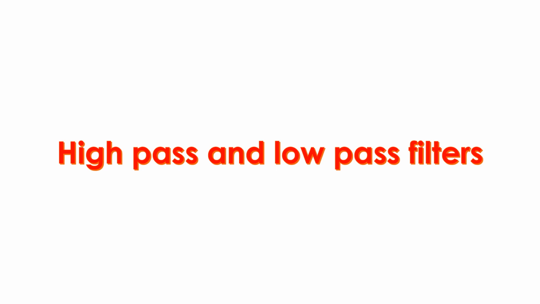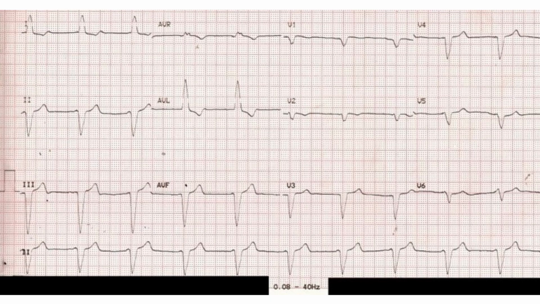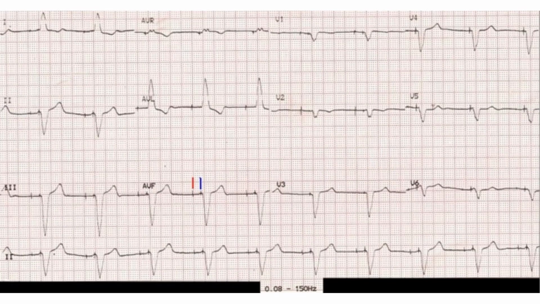This is another ECG in which pacing spikes are not visible because the filter is set at 0.08 to 40 Hz. A repeat ECG taken with the filter set at 0.08 to 150 Hz clearly shows both atrial and ventricular pacing spikes before each QRS complex, marked by red and blue markers in aVF.